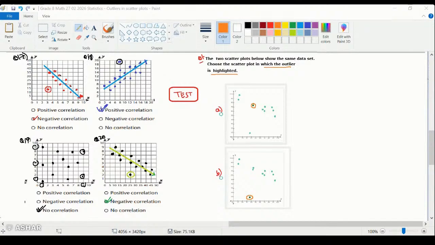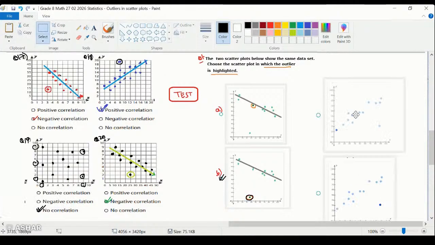An outlier was the point that is far away from the given line of trend, right? So which point is far from the line of trend? Perfect. Because this point was near the line. This was the trend line, right? So option A was near or on the line of trend. Option B is the correct answer because this is an outlier. That is not an outlier.